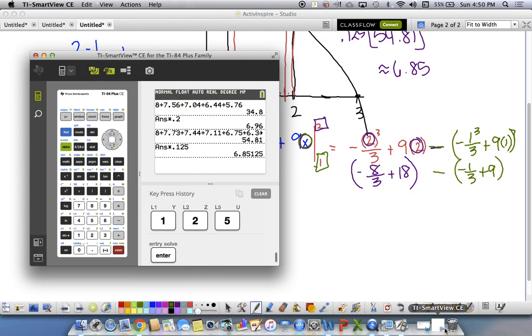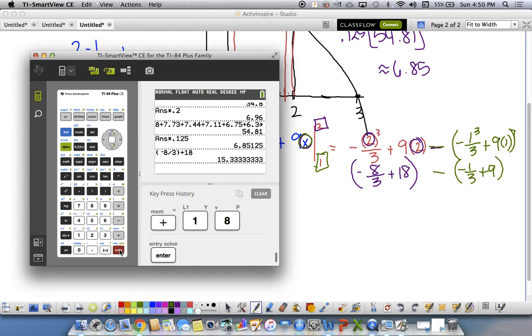We've just had this out, right? So I'm going to say negative 8/3 in parentheses plus 18. I just don't like too much. I'm going to say that's 15.333. It's the 1/3, right? That's the repeating.